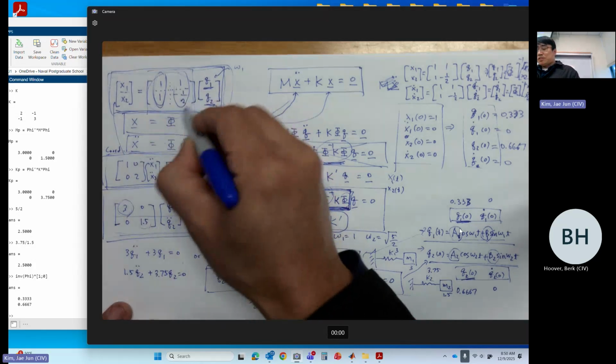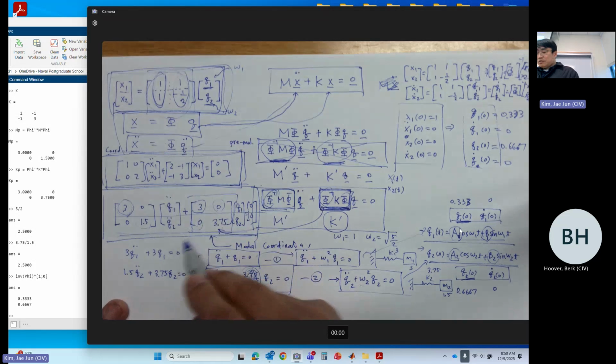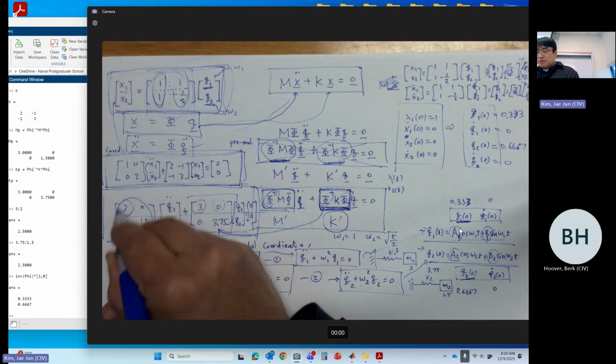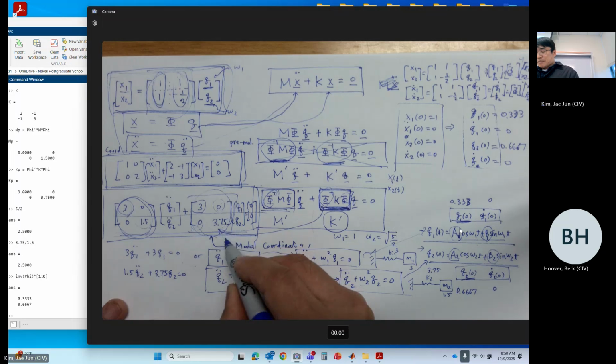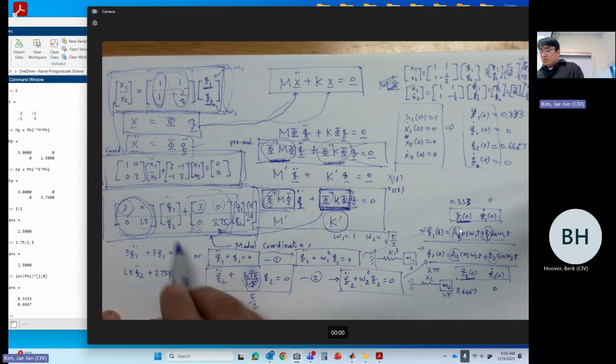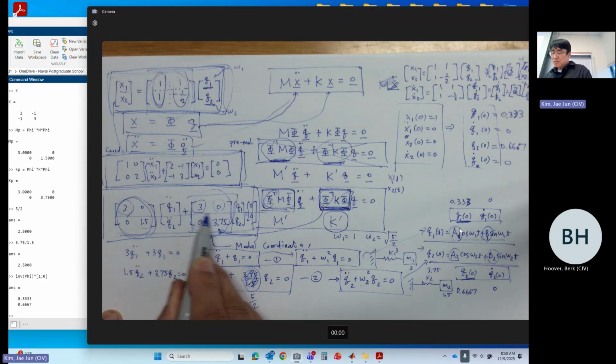And then using the mode shapes, modal matrix, you end up with a modal mass matrix and modal stiffness. And if you divide the stiffness by m for each row, you get an equation of motion.